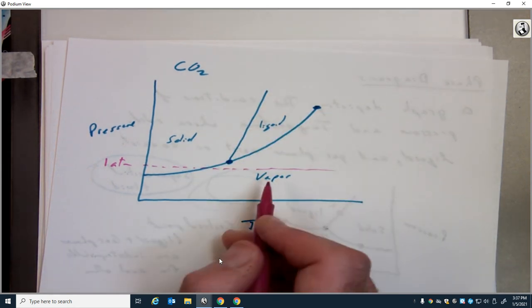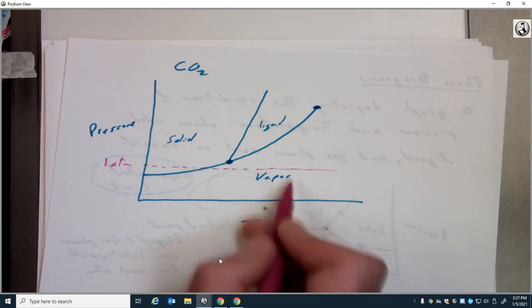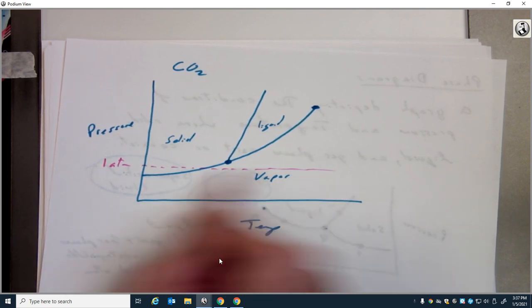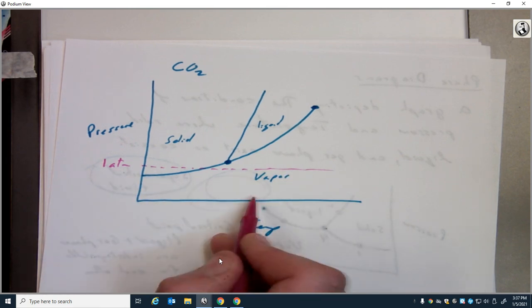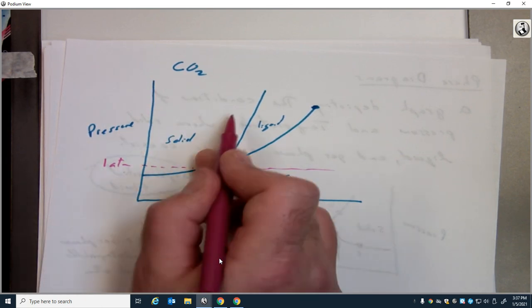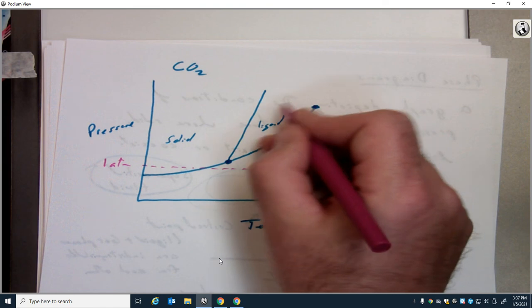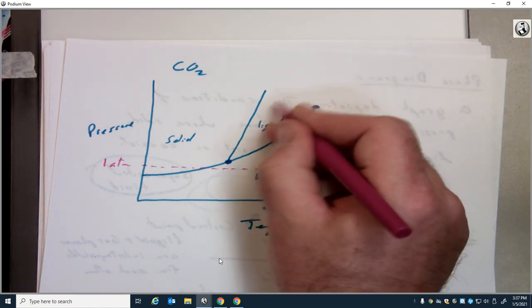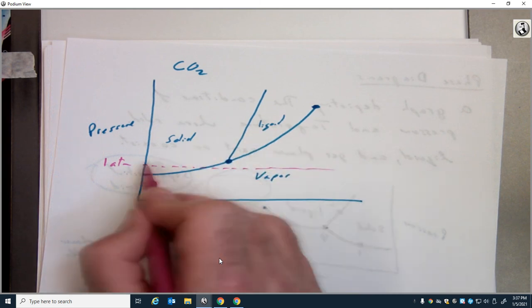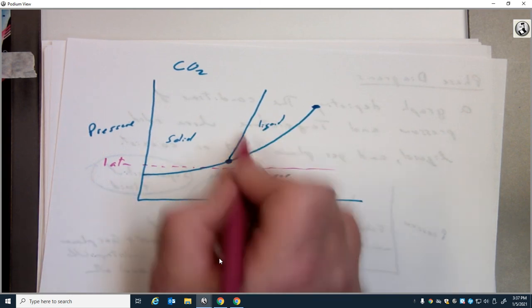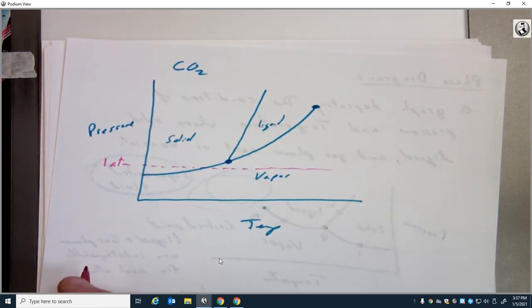CO2, carbon dioxide: most of the time it's a vapor. It can be a solid. This little section here tells me that it can be a liquid too, but it's kind of hard to make it a liquid. It's got to be under pretty specific conditions to make it a liquid.